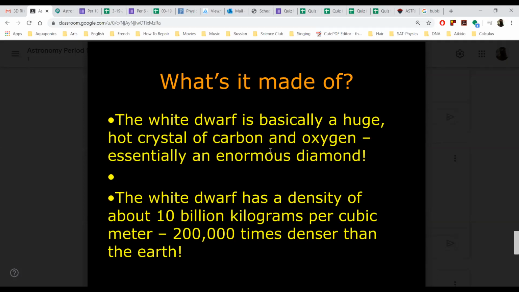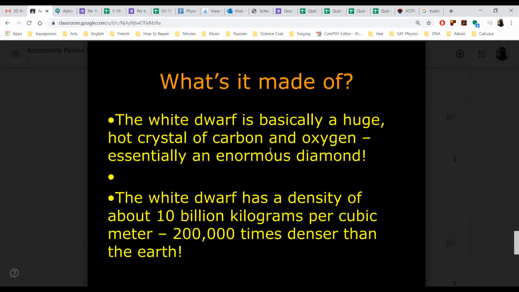Those stars, at least the stars that completed their cycle and have a mass comparable to the mass of the sun, will eventually turn into enormously large diamonds. A very beautiful color, probably bluish because oxygen will give off a bluish color, but they may have a tint of other colors as well.